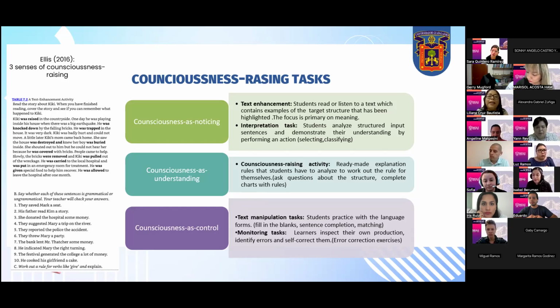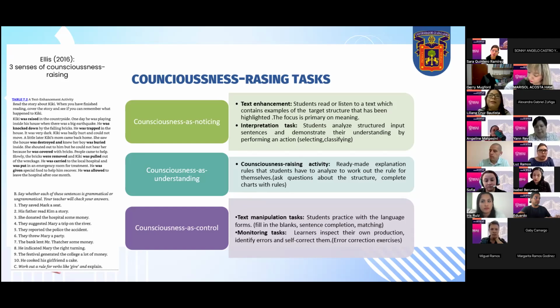And finally, in order to really make sure that the students are going to learn those grammatical structures, the author proposes consciousness as control. In this type of task, we have text manipulation tasks.